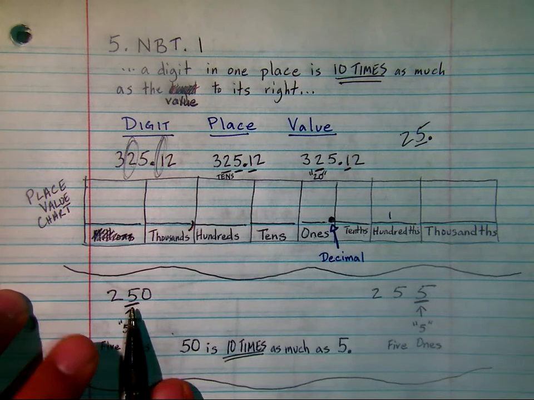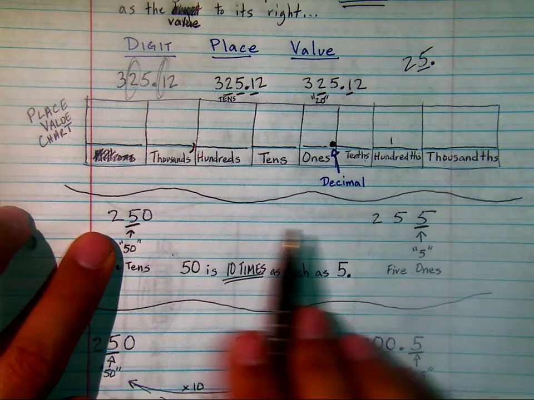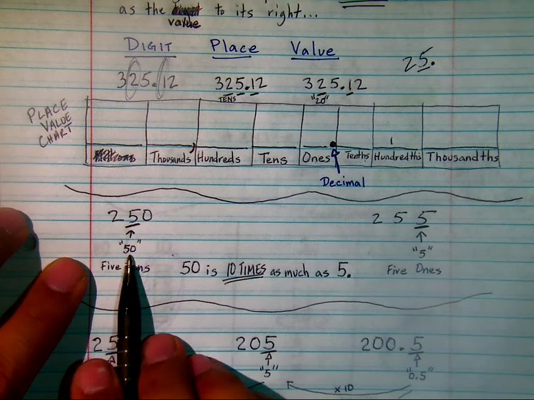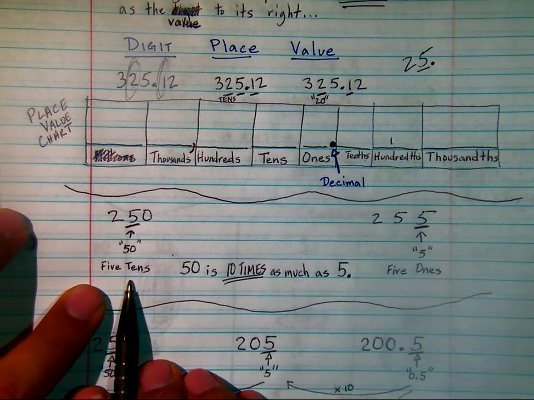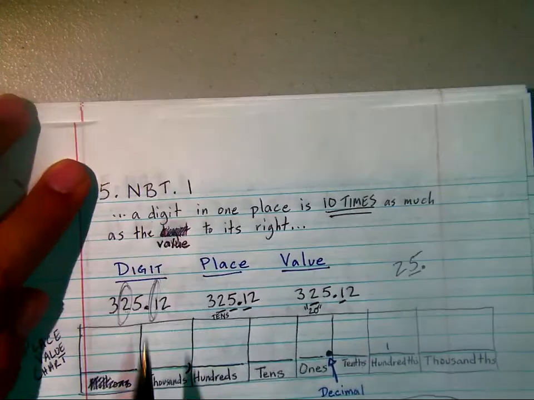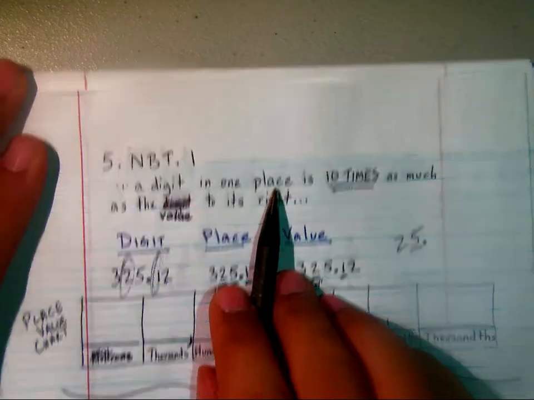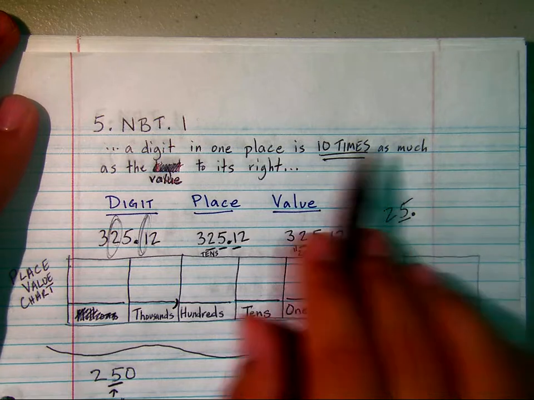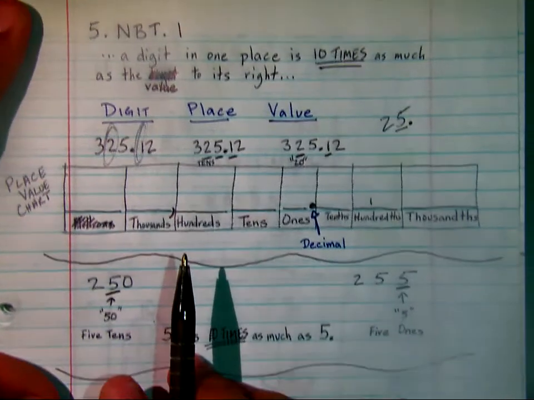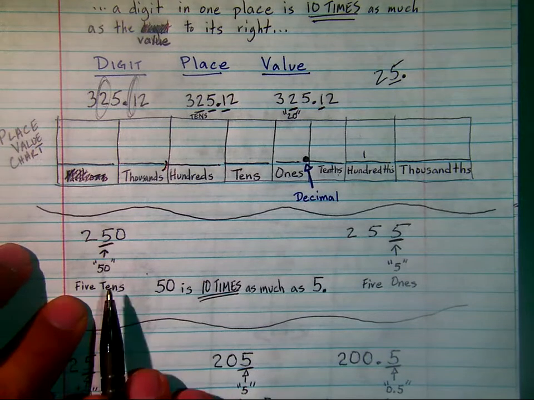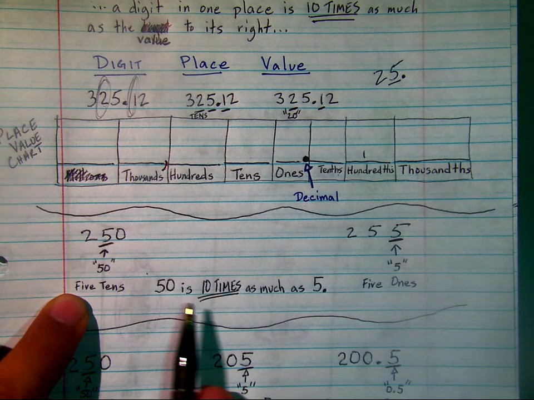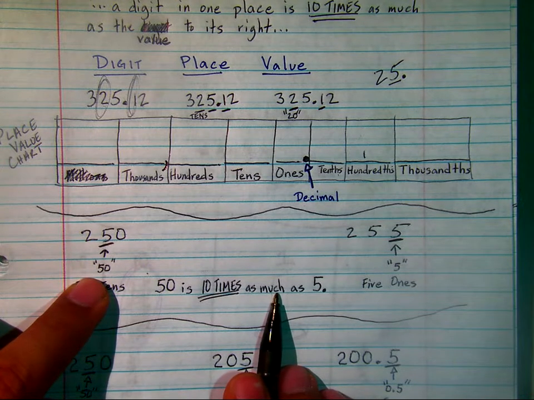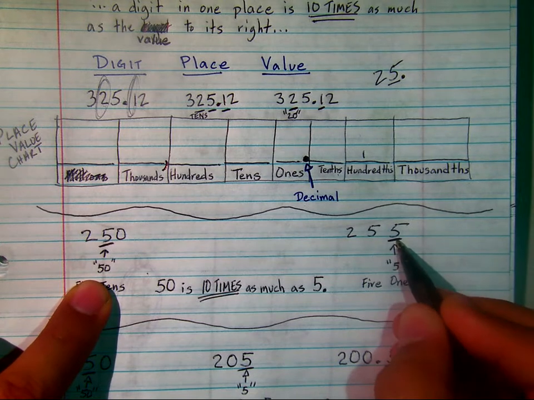But for now, I want to look at a number like 250, where the 5 in the tens place has a value of 50. That's 5 tens. So when we consider what the standard is expecting, that a digit in one place, such as the tens place, is 10 times as much as the value to its right, that means those 5 tens, that 50, is 10 times as much as the value to its right, which in this case is the ones place.